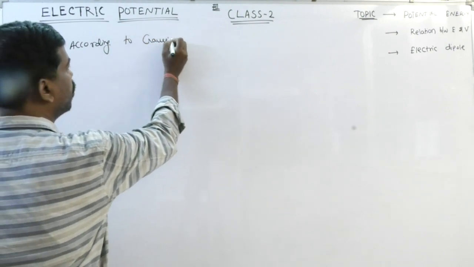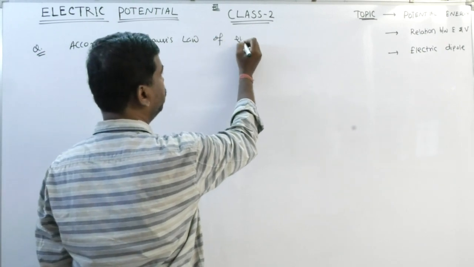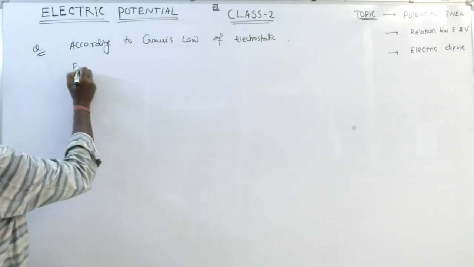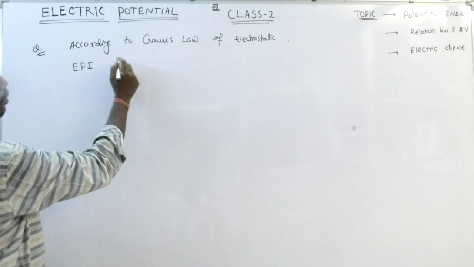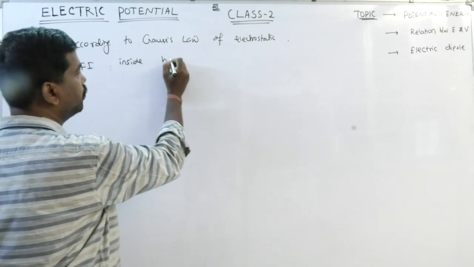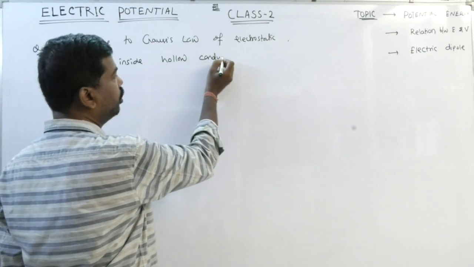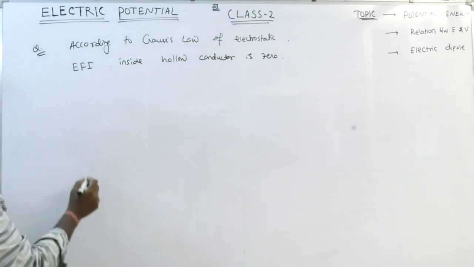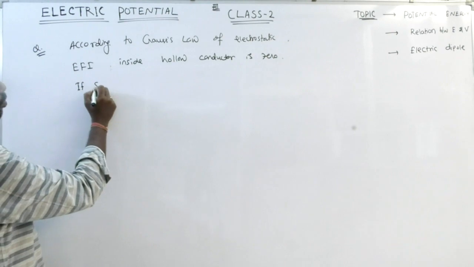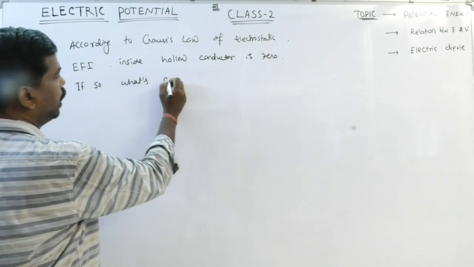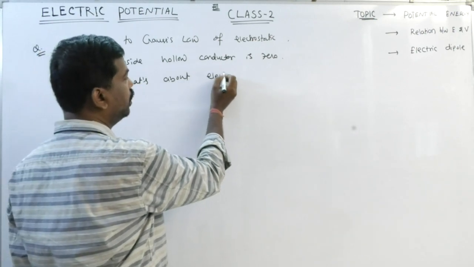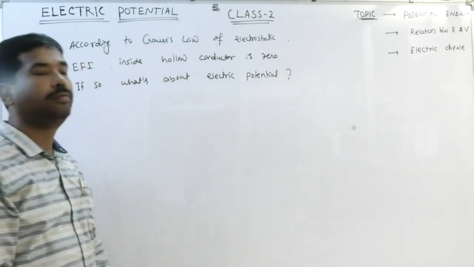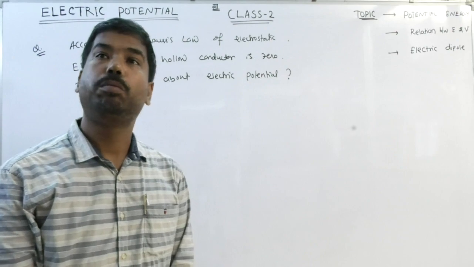According to Gauss's law of electrostatics, the electric field intensity inside a hollow conductor is 0. If so, what about electric potential?